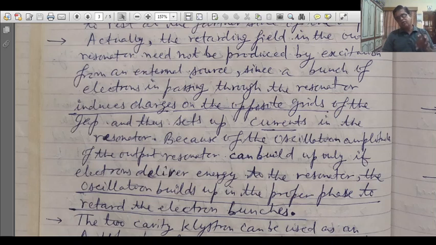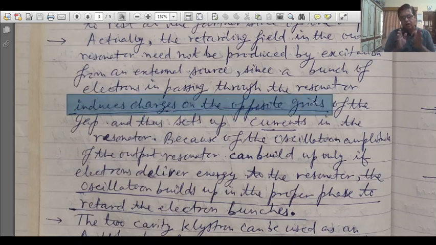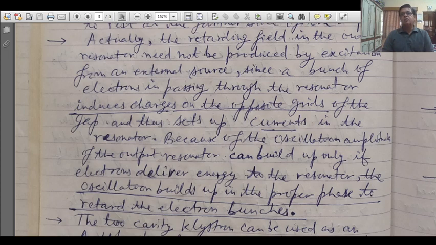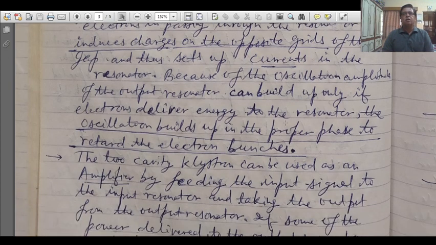When bunches of electrons pass through the resonator, they induce charge on the opposite grids of the gap, and that sets up currents in the resonator.